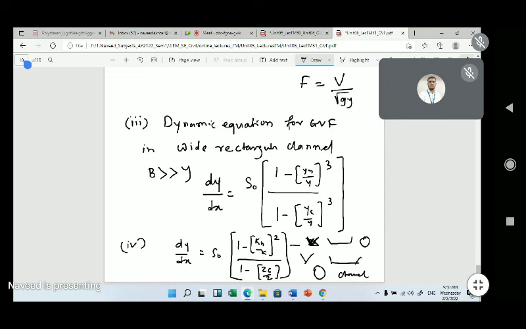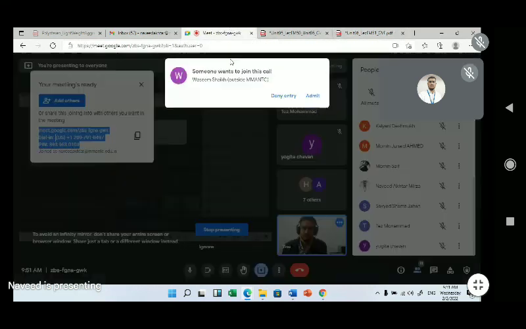You have to remember them, and based on this you can find dy by dx, which is nothing but the change in depth y, the slope of the water profile, showing how the water varies gradually at different sections. As the value of y changes, you can find the profile of your water.